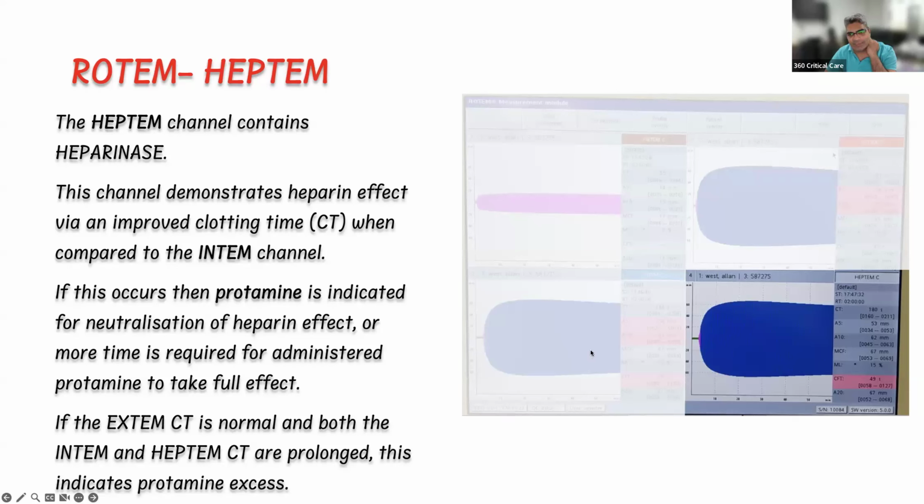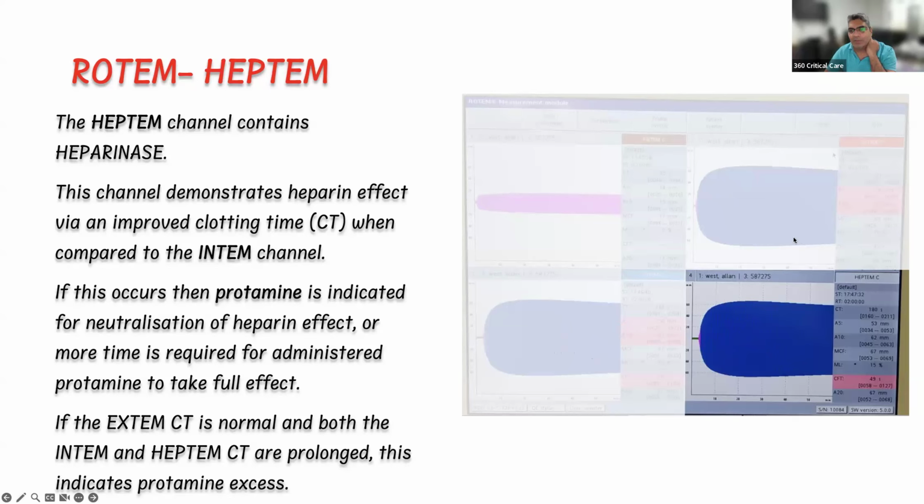If the EXTEM, remember the EXTEM channel, is normal, that means your platelet and possibly the fibrinogen are normal, but the INTEM and HEPTEM are prolonged. So the INTEM is prolonged, the HEPTEM is prolonged, but the EXTEM is normal. That means the patient has protamine excess.